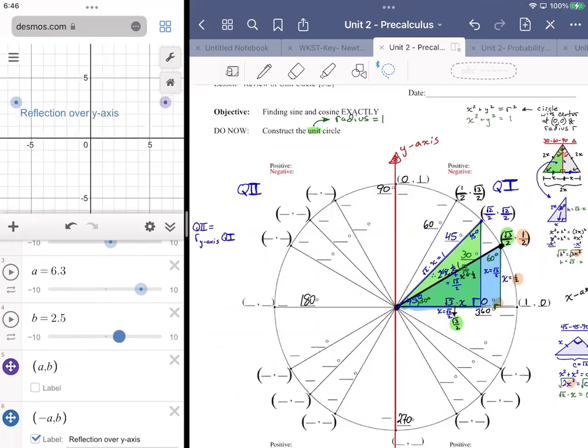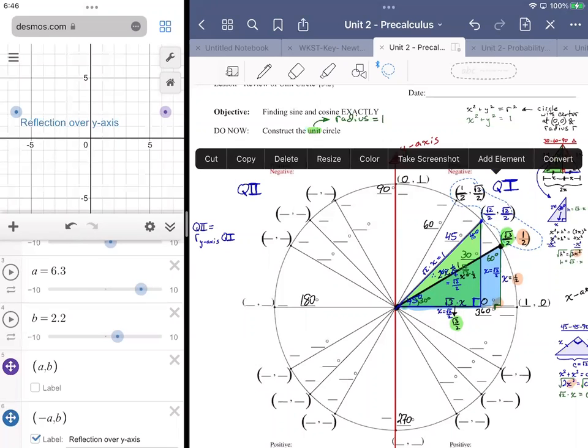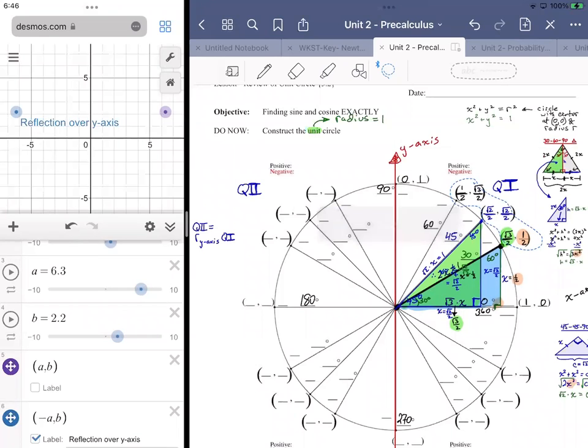So all of that is my way of saying, take every coordinate that we just wrote in that first quadrant, duplicate it, or copy it, but make the x value negative.